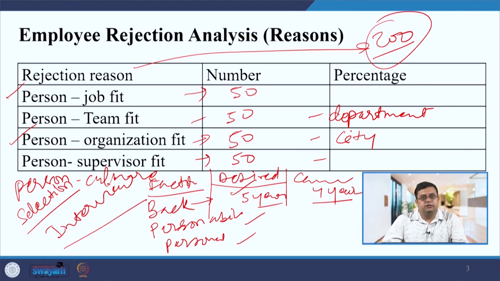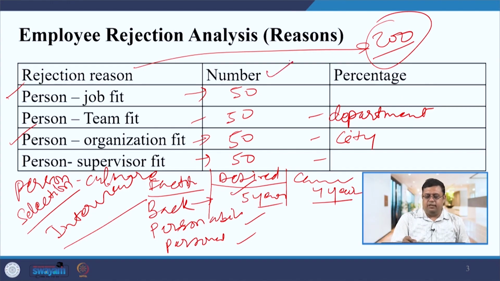Particular institute, if it is a campus placement, then from which campus they are coming and what is the reason for their rejection. If you give an input to them, then it could be good for that particular institute also to train the upcoming students for that particular skill. So, that is why this rejection analysis is very important.